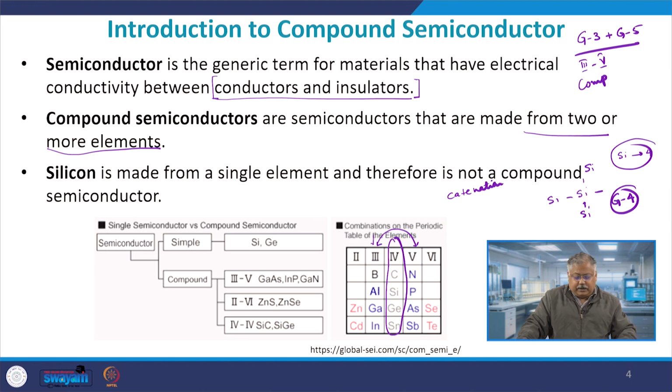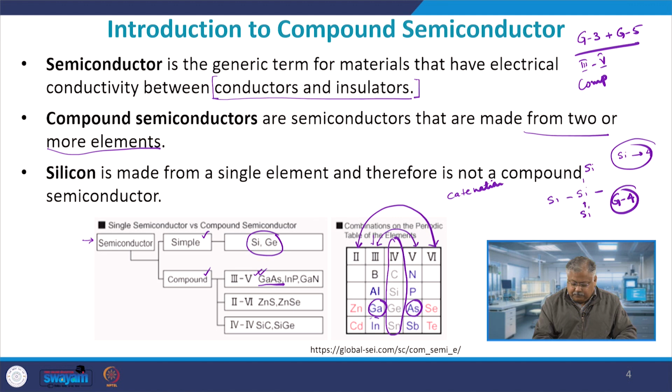Now, if you look at the chart below, semiconductors are broken into simple and compound. Simple will have silicon and germanium, which we have already been dealing with for a large number of lectures, whereas in compound you have 3-5, and we can also have 2-6. 2-6 is an amalgamation of group 2 and group 6, and 3-5 is an amalgamation of group 3 and group 5. Group 3-5 has gallium arsenide, which is gallium plus arsenic, and then we have indium phosphide.